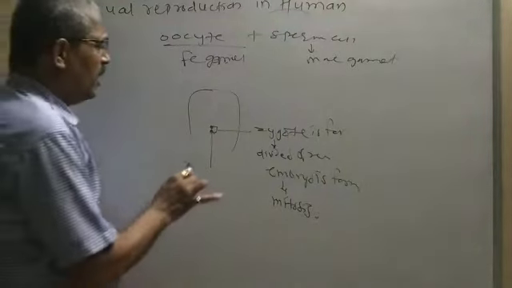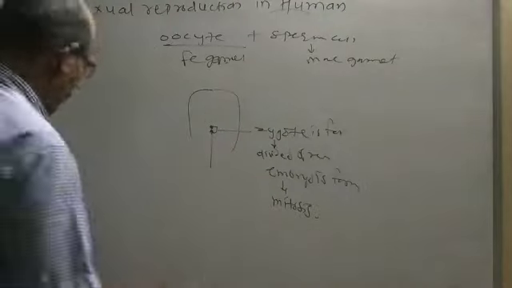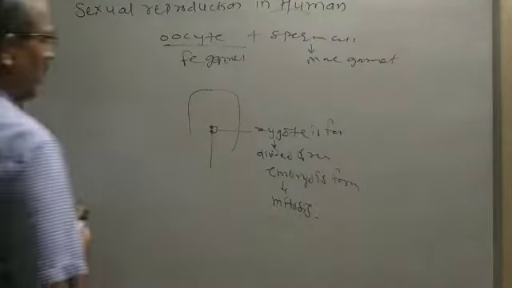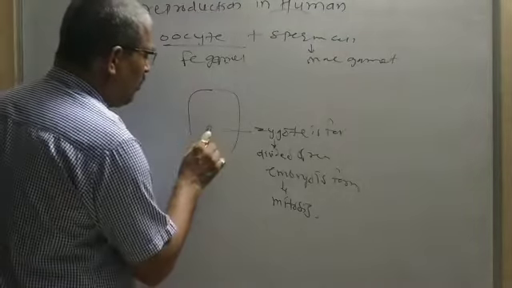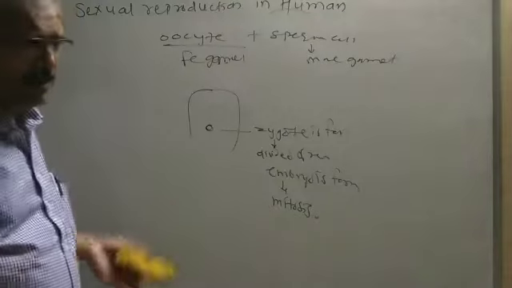But suppose there is no entry of the sperm cell, meaning no fertilization of the oocyte takes place. Then what will happen?